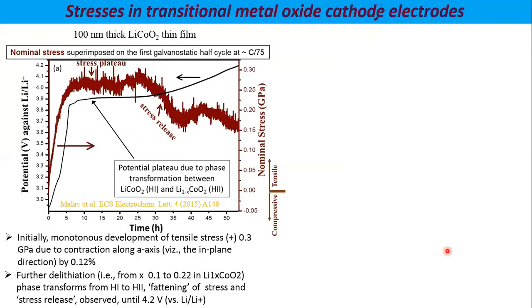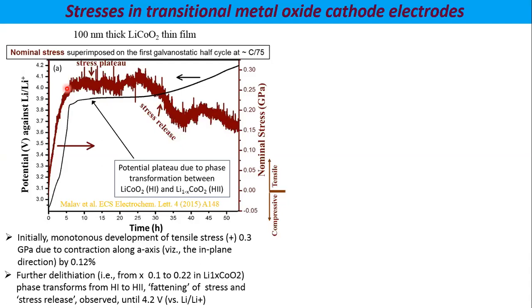Okay. So now, if we look at the stress development in the cathode side of the electrodes, we have worked on lithium cobalt oxide based thin films, where we found that with the removal of lithium, the stress response is also similar. The stress starts to build up in the tensile direction, but with the progression of further delithiation, beyond say 0.1 lithium, what happens?